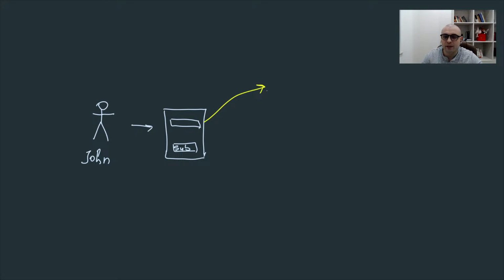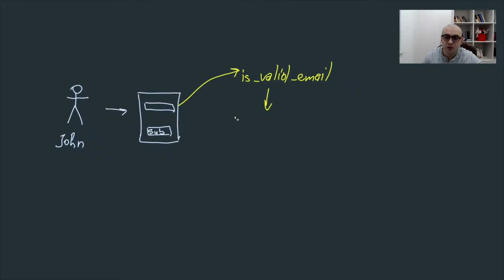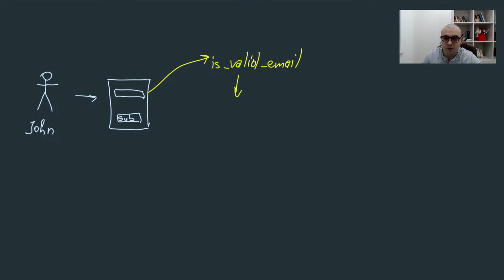So we'll have a validation on UI: is valid email. Okay, so if this is valid, the next step is we'll need to do an API call.